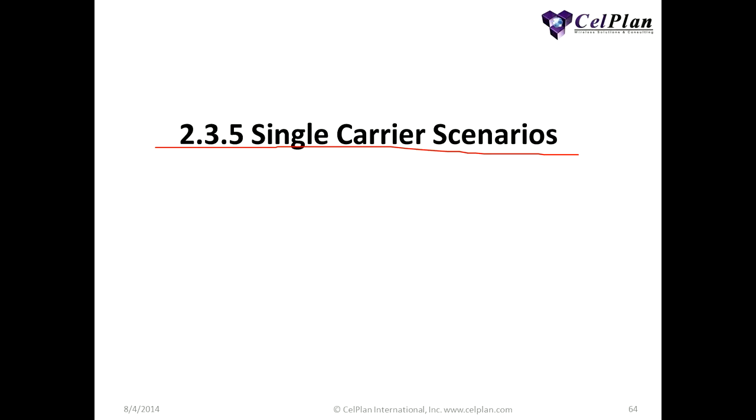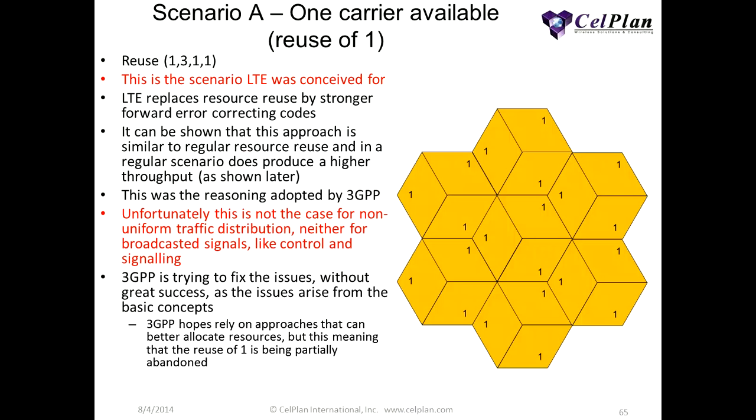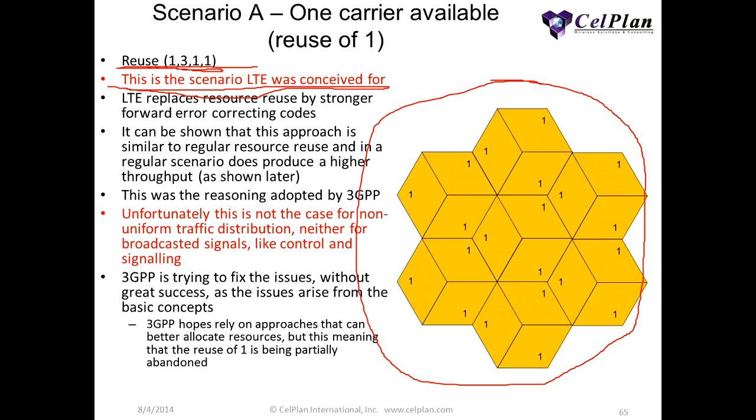Okay, so I will show you some single carrier scenarios first, and then 3 carrier scenarios. So single carrier scenarios, this is the scenario that uses a reuse of 1, and this is the scenario for which LTE was conceived. So this is the scenario LTE was designed for.